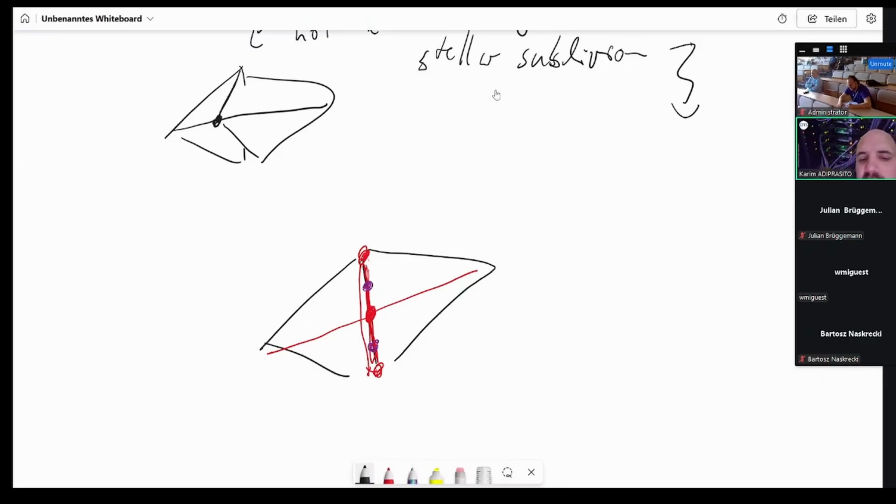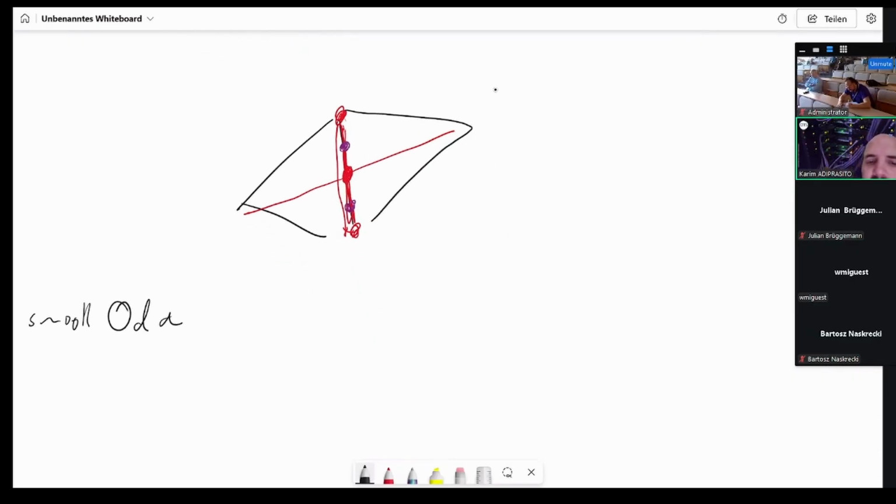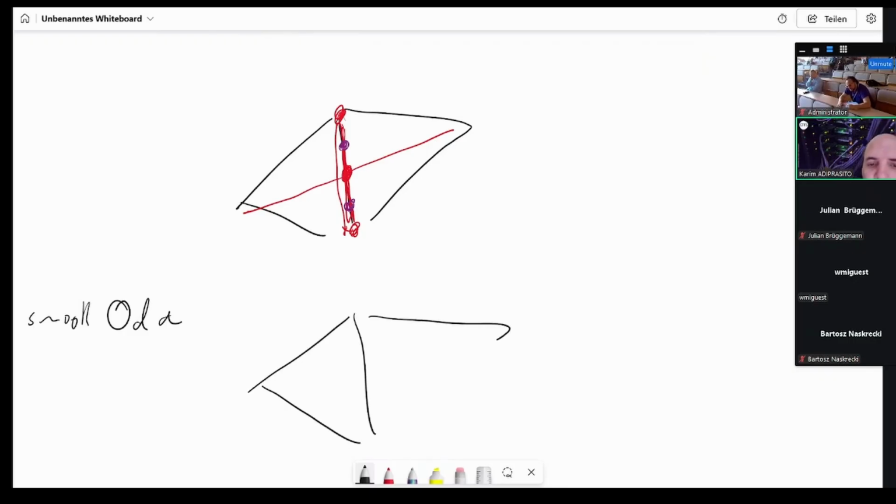Let me also say that the smooth Oda conjecture is still open. So if you're hungry and want to solve an interesting and big conjecture, this part is still open. The smooth Oda conjecture basically says there's no choice where I put my point.